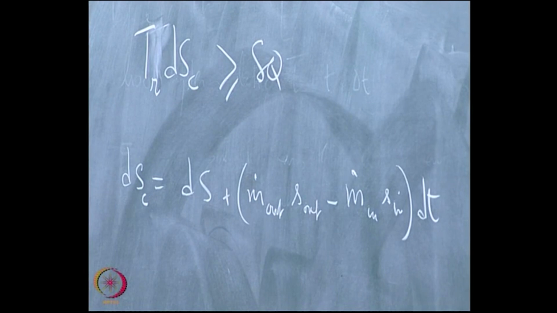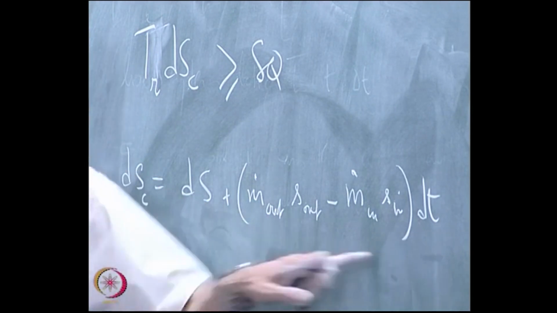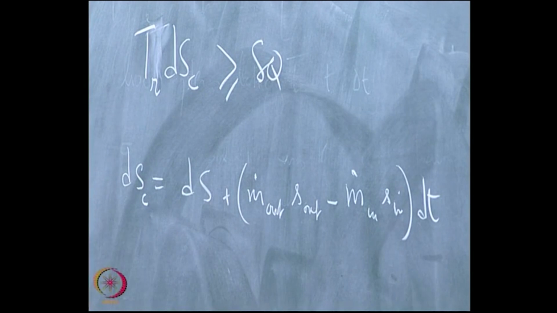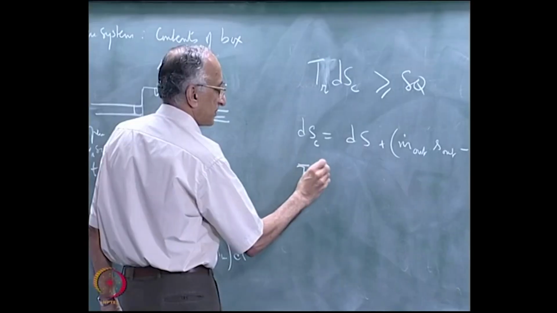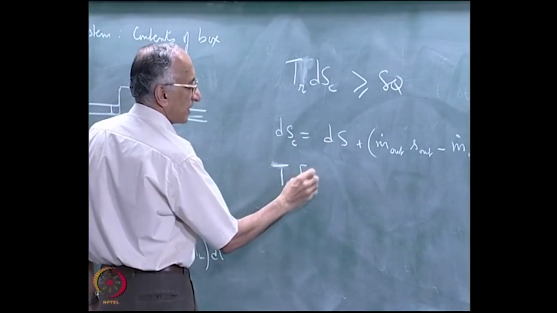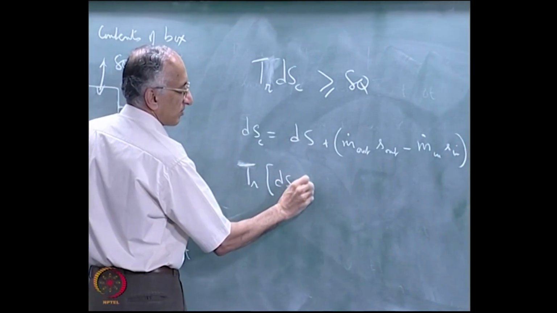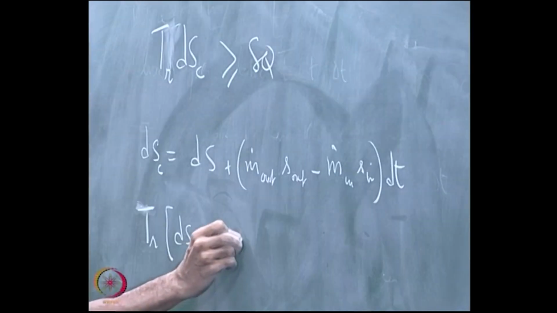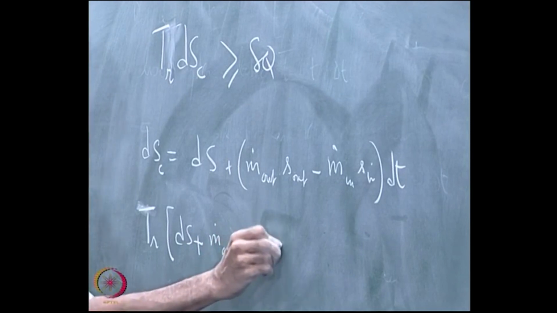If I am writing the second law, I have to multiply this by T reservoir. So I get T reservoir times ds plus m dot out S out minus m dot in.